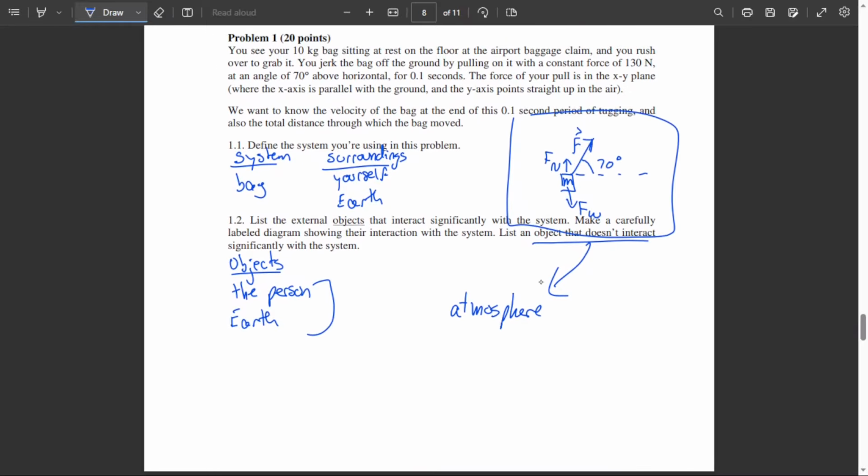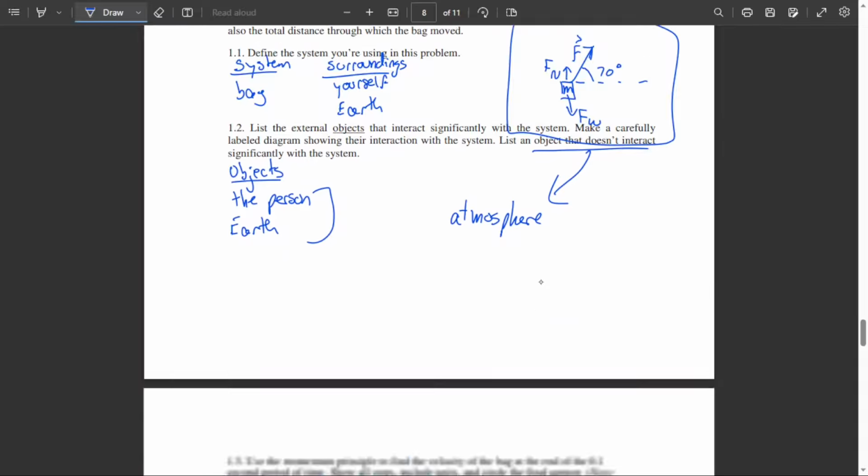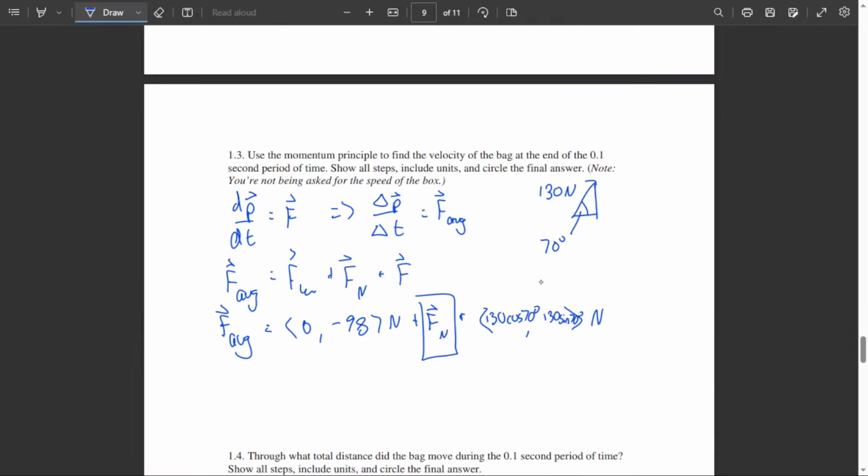Whether or not the bag stays on the ground depends on the force we apply. If our y component of the force is greater than the weight force, there will be no normal force. Otherwise, normal force is scaled so that way in the y direction the net force is 0.